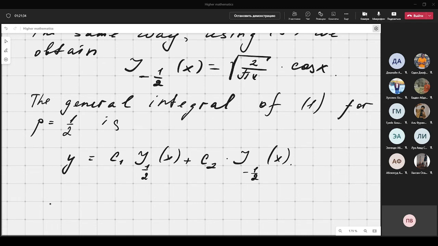For positive integral p equals n, the Bessel's function J_n is determined by the series 5 multiplied by the constant factor 1 over 2 to the power of n times n factorial. When n is 0, we multiply by 1.